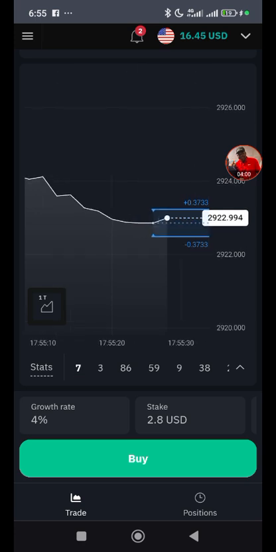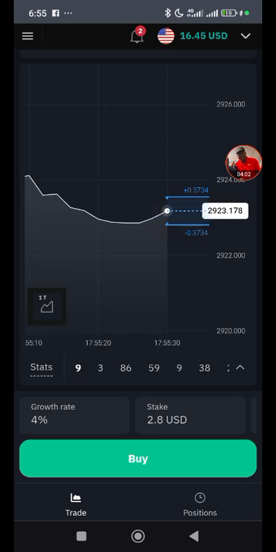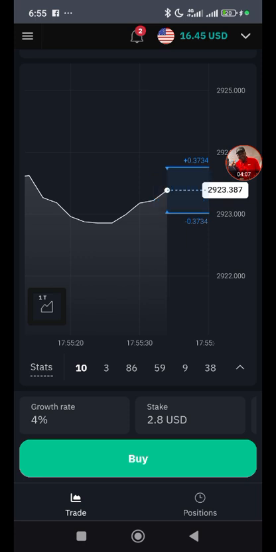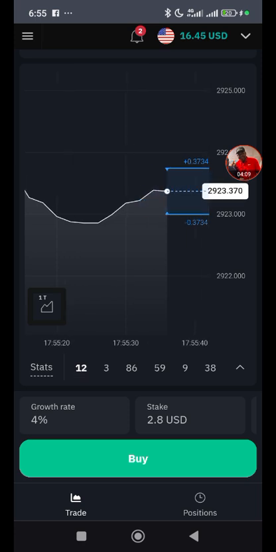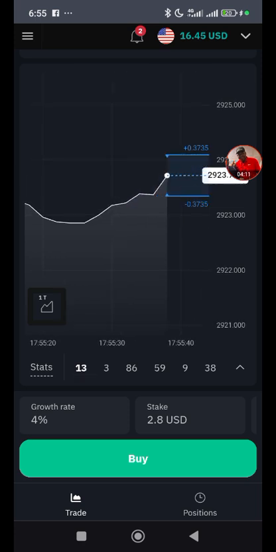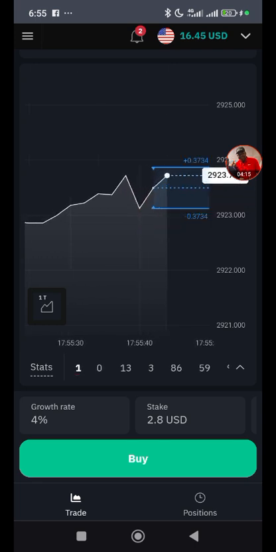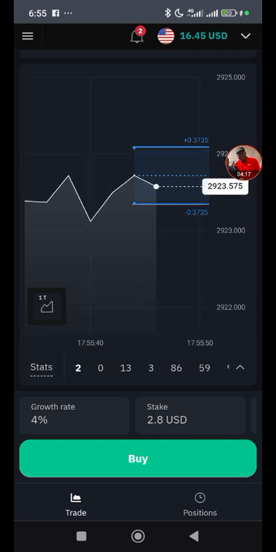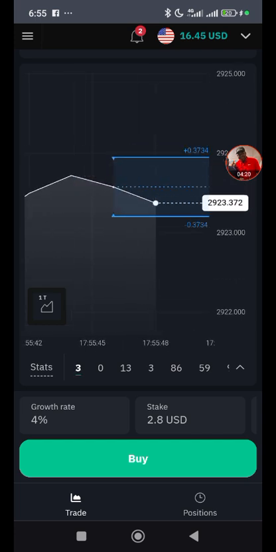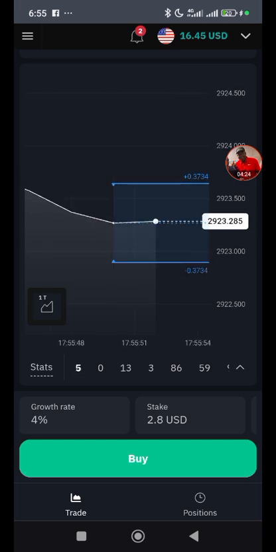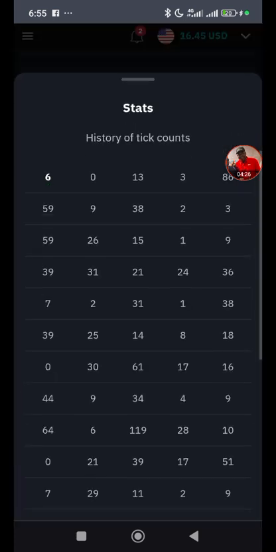The price is constantly moving and the signals are plenty, but you don't have to trade all the signals. Every time it spikes outside this blue box, it shows you red. The statistics you are looking at is the breakdown of every time it spikes.